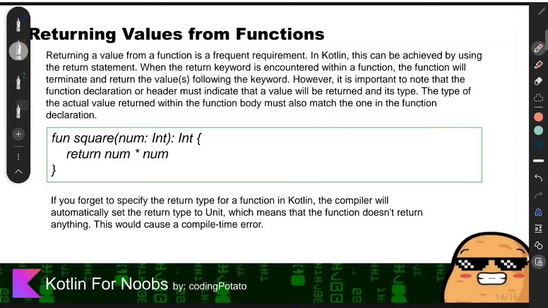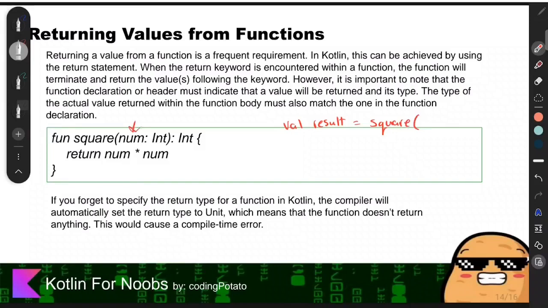So for example, if I have in my main function, I call this function, I have to save the result into a variable. So I will say val result equals, I will now call the function, square, and I will pass it a number.